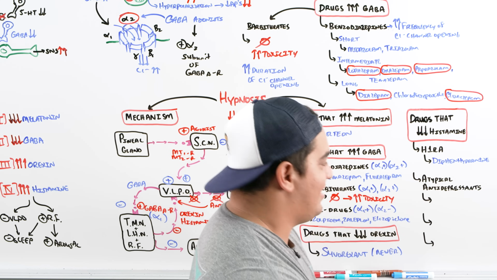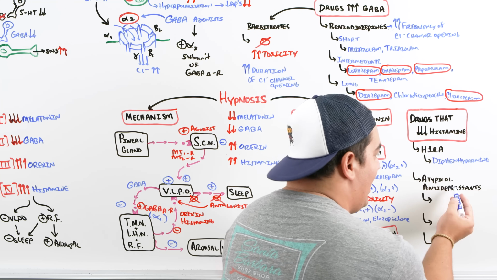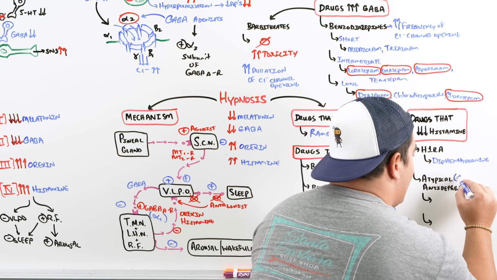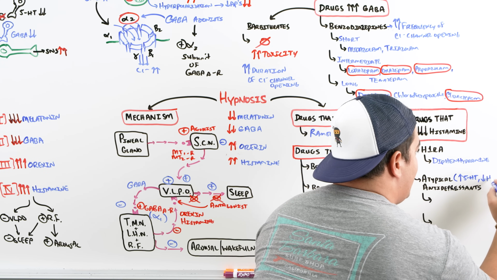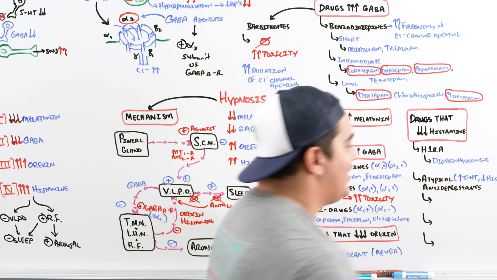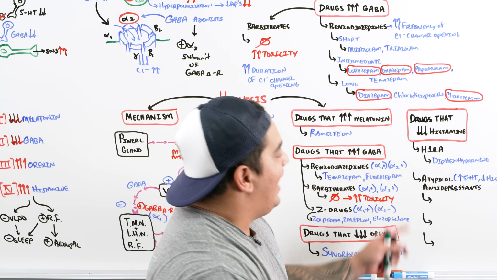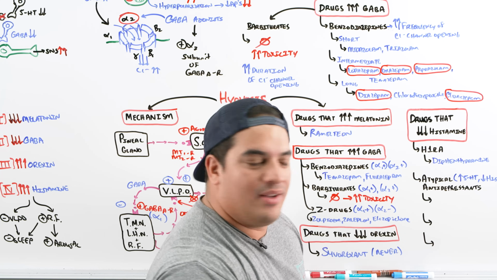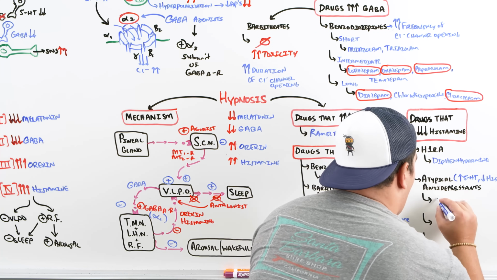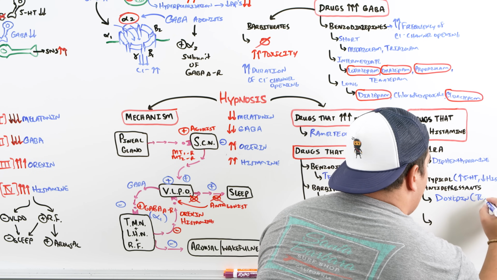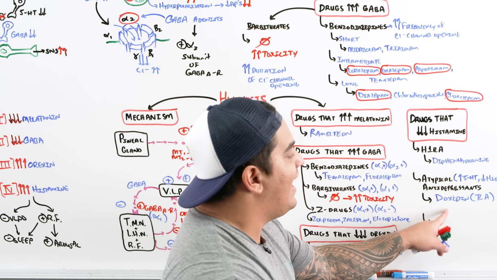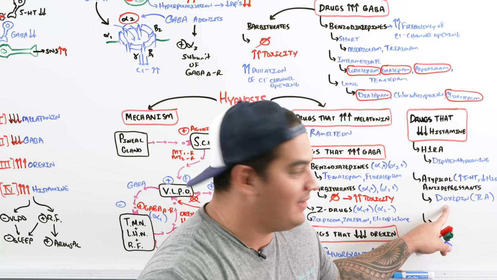And the same concept, you have antidepressants. These antidepressants are interesting in the sense that they can increase serotonin activity, but they can also decrease histamine activity. And that's really cool. What are some of these drugs? There's a bunch of them. One is called Doxepin, which is a tricyclic antidepressant, but it has antihistamine properties.